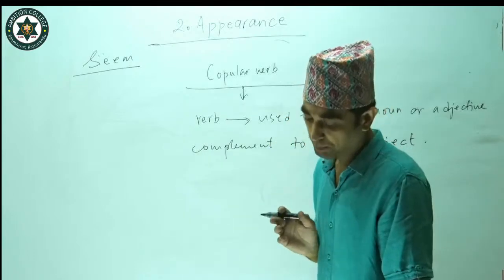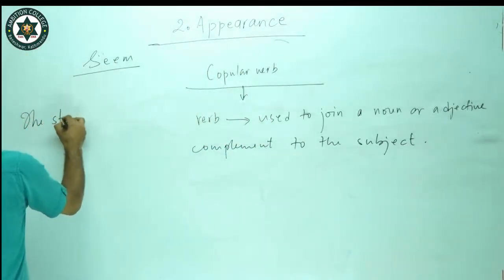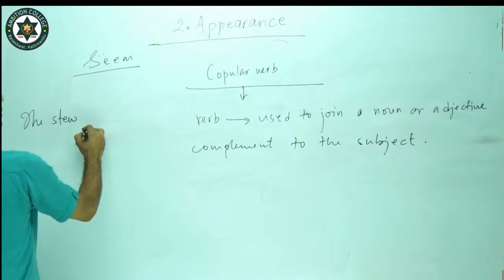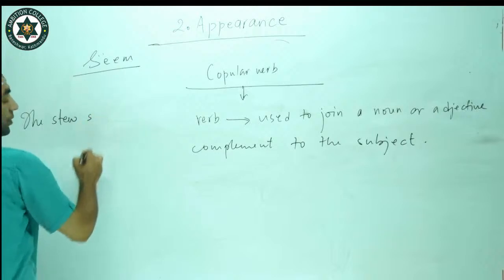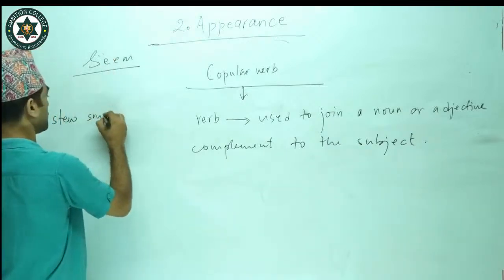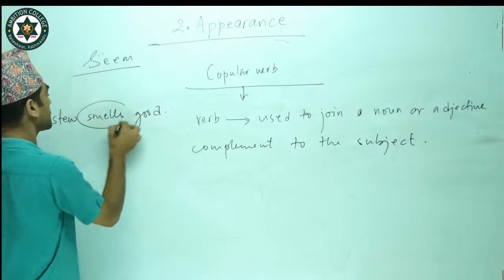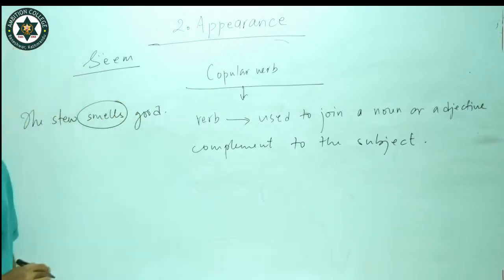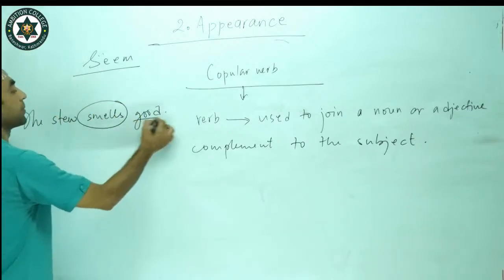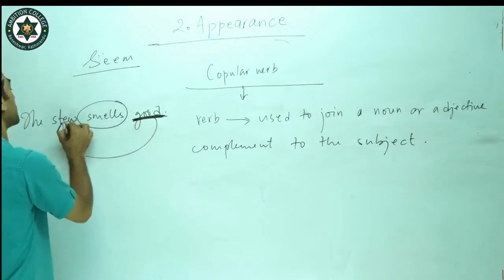For example, let's say the stew smells good. Now this verb, smell, is establishing the relation between good and stew.